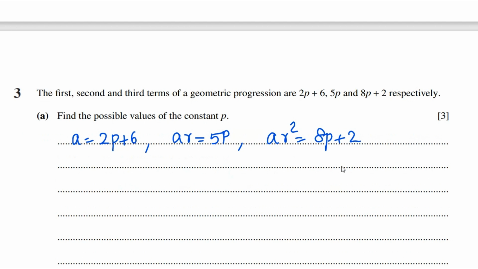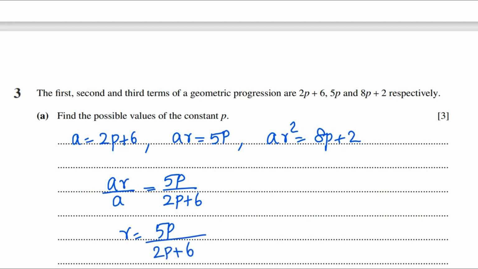So from the first two terms we can write the value of r as ar divided by a gives the r value, 5p divided by 2p plus 6. This is the r value. And from the second and the third term, the r value will be ar square divided by ar, which is equal to 8p plus 2 divided by 5p.